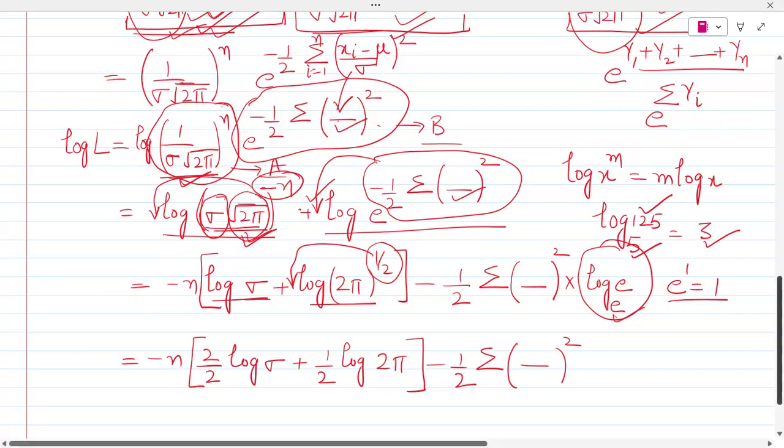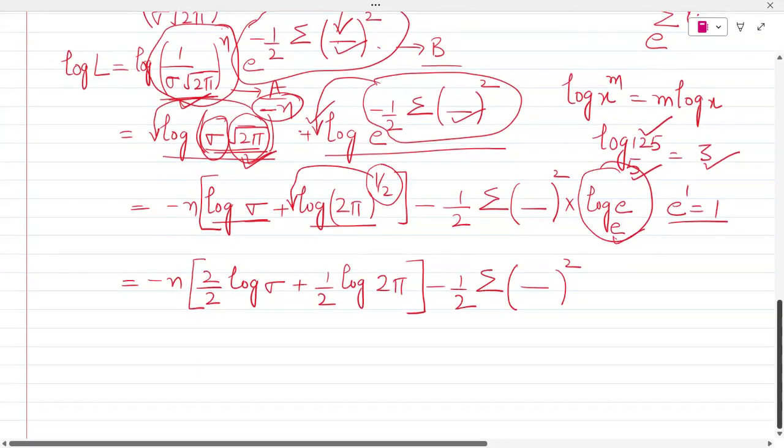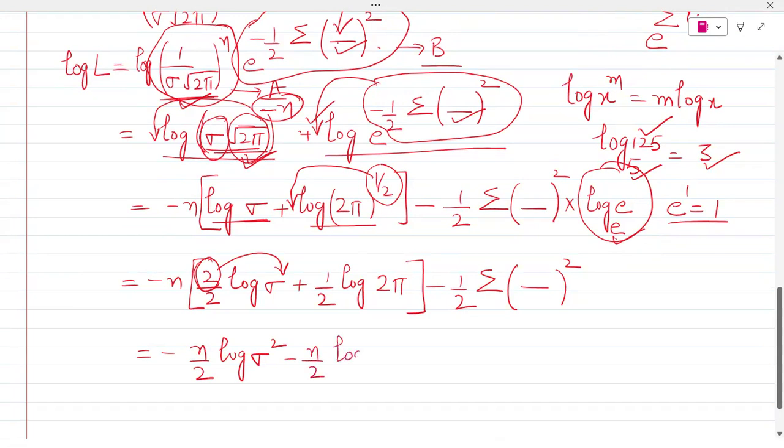So now, this 2 can go here. So it is minus n by 2 log of sigma square, and minus n by 2 log of 2 pi, minus half summation xi minus mu whole square, and sigma square I can take outside.